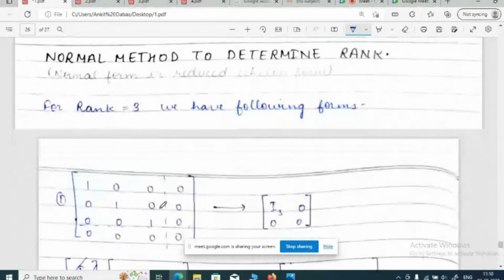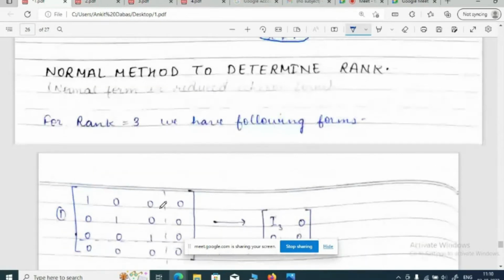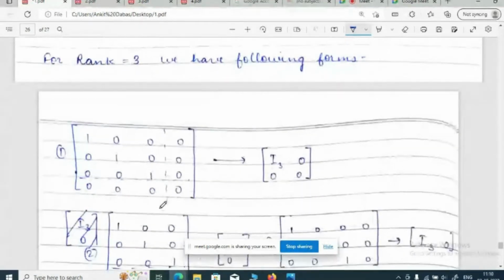This is the normal method to determine rank. This is not used to determine a rank, but to determine what will be the form of the matrix. Like if we are given any 4 cross 4 matrix and we are asked to find the normal form of this matrix, what we will do is use the elementary row operations to reduce it to the row reduced echelon form.